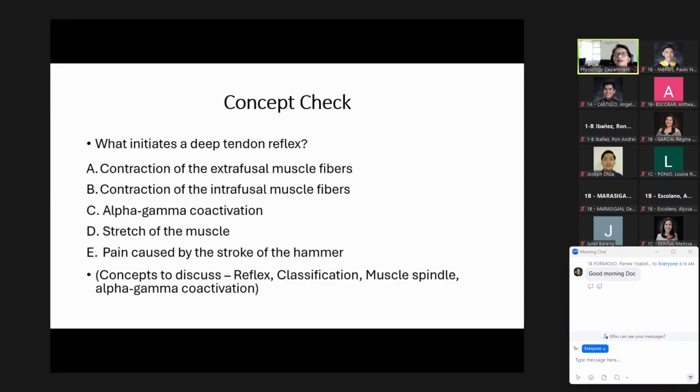Now, in the laboratory, yung inyong lab manual, okay, nakita niyo ba yung tabulation doon? You are supposed to classify the reflexes that you performed. Okay, that's why you have to understand how reflexes are classified. We will also be discussing the muscle spindle and this alpha-gamma coactivation.